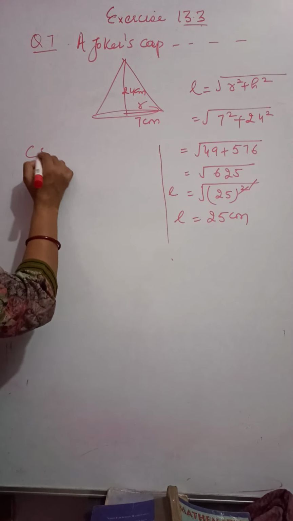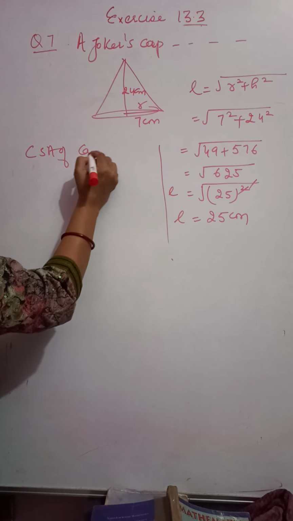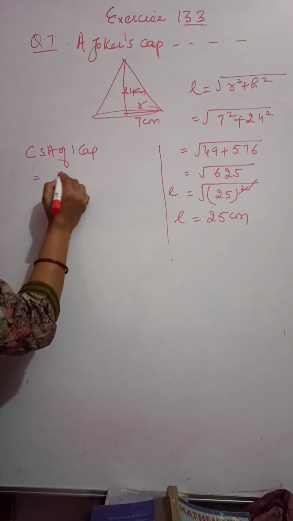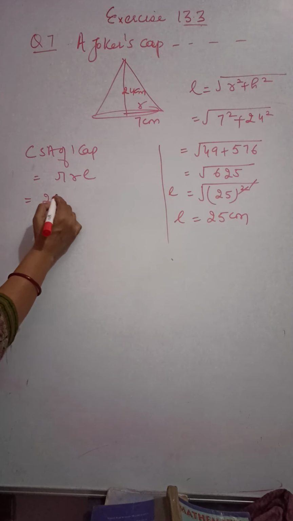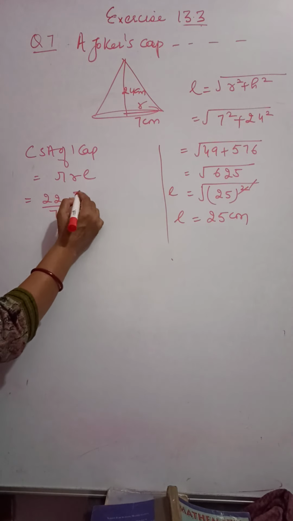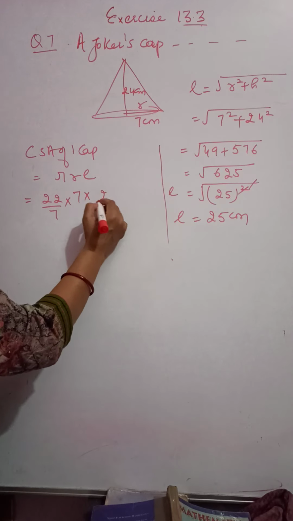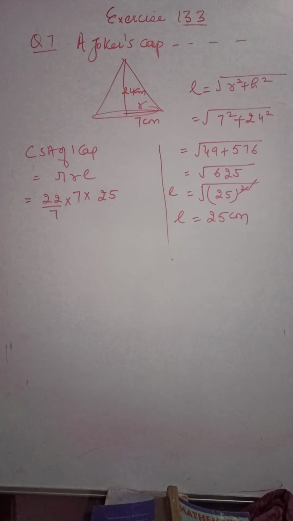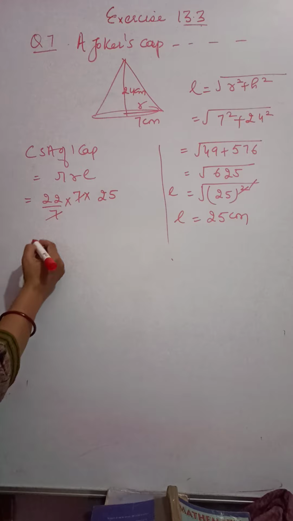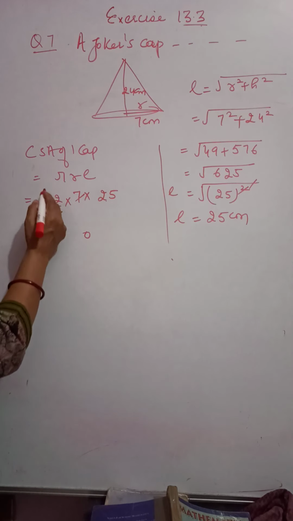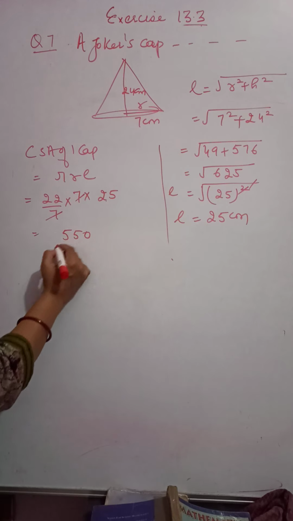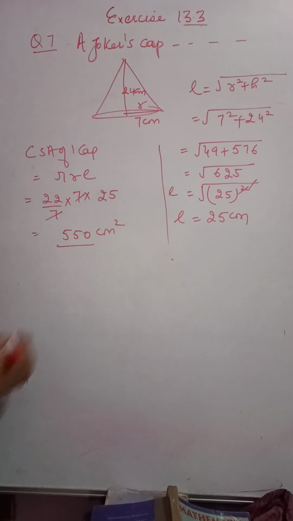Let's find the curved surface area of one cap. It is pi r L. Pi is 22/7, R is 7 and L is 25. 7 cuts 7, and 22 times 25 is 550 centimeter square.